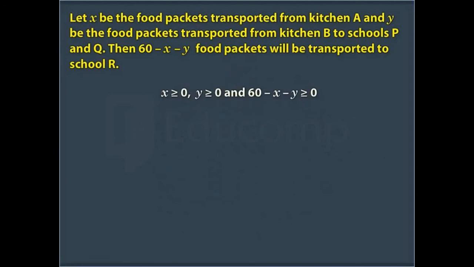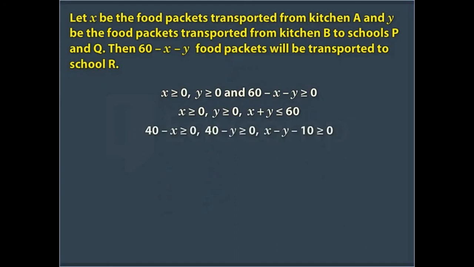X ≥ 0, Y ≥ 0 and 60 - X - Y ≥ 0. X ≥ 0, Y ≥ 0, X + Y ≤ 60. 40 - X ≥ 0, 40 - Y ≥ 0, X + Y - 10 ≥ 0.